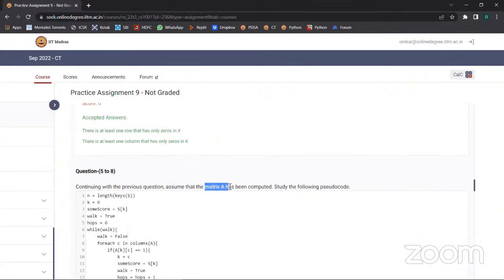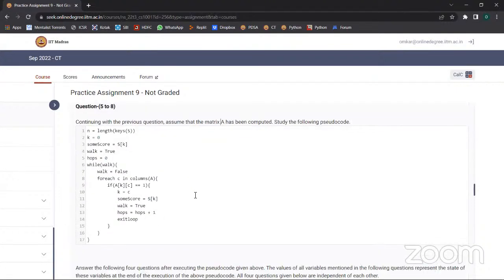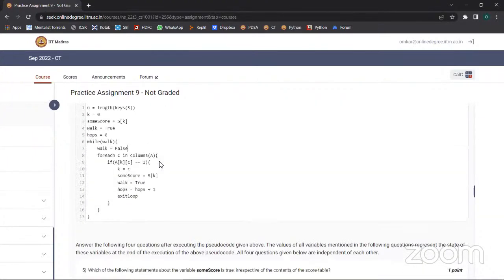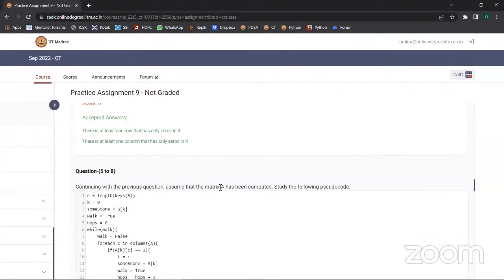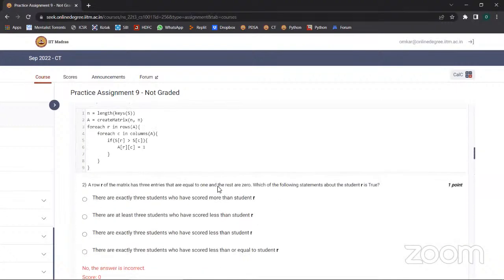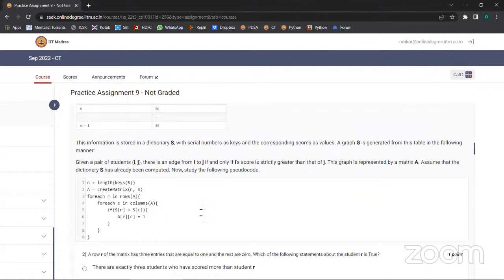It's A, right? Matrix A has been computed. So what is this matrix A in the first place? Everything is interlinked. If you have understood A, then you will understand this pseudocode, and if you understand this pseudocode, then only you will understand problem number 7. So you have to trace back and figure out whether you have understood A in the first place. A is something which we have computed over here. So what is A?